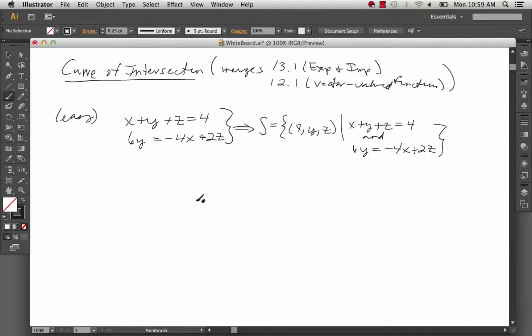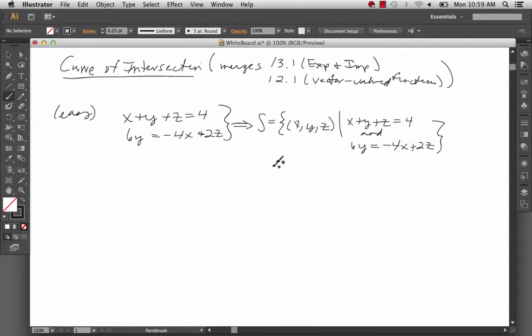What kind of object is this set S? It is a subset of R3, x, y, z. The first object, x plus y plus z is equal to 4, hopefully you've plotted enough implicit functions to know that this is just the equation of some sort of plane.